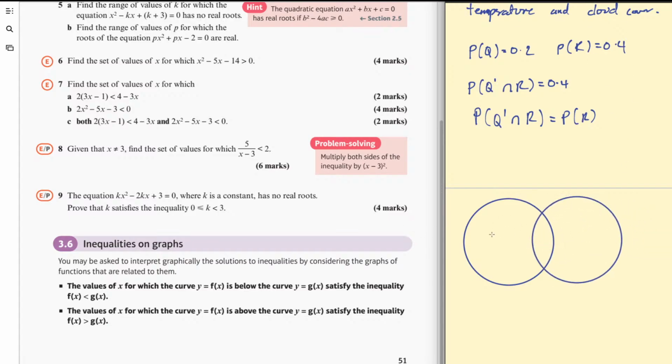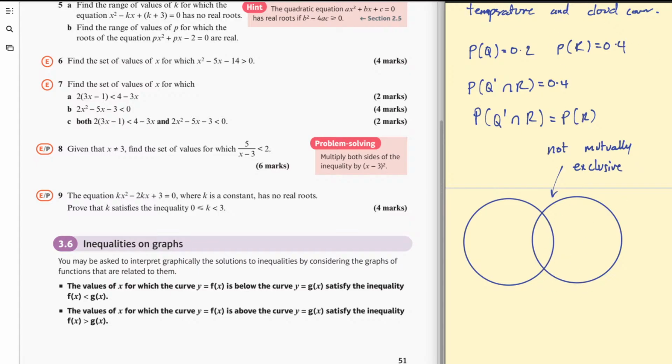If there was some intersection, by the way, this Venn diagram represents not mutually exclusive, because there's some intersection where both things can happen, right?